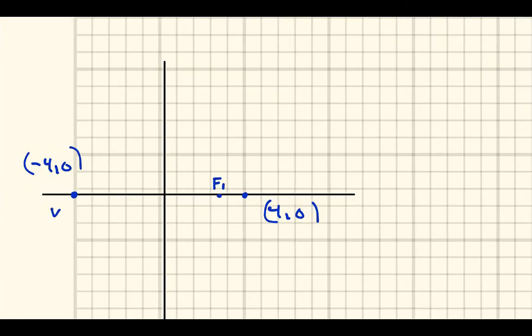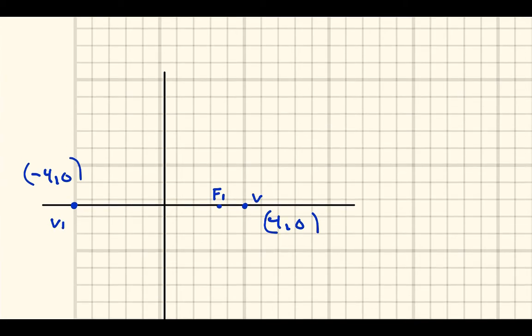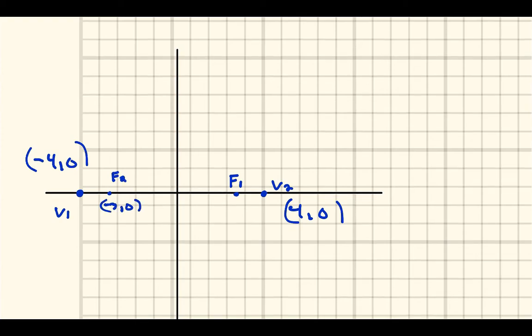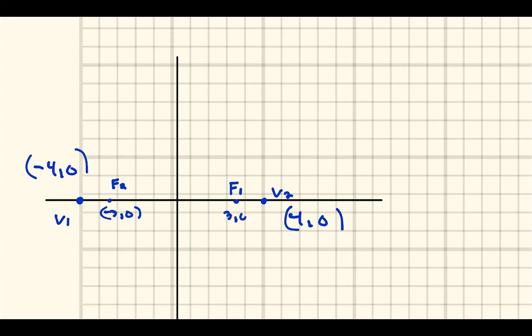Let's say this is V1 and this is V2. If we're at the center and I have a vertex at negative 4, 0, you're going to have one at positive 4, 0. It's got to be the same distance away. We should know that the other focus is the same distance away. Here's F2. So this is negative 3, 0 and this is positive 3, 0.